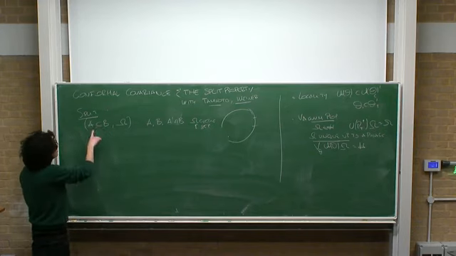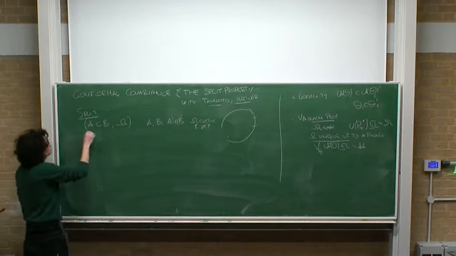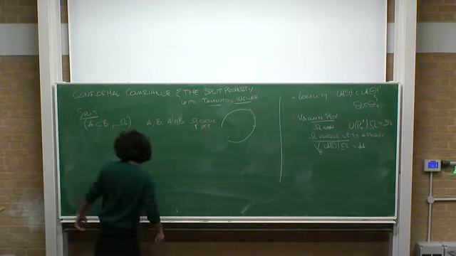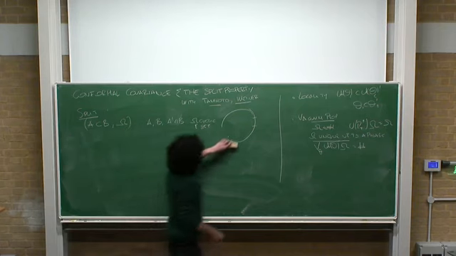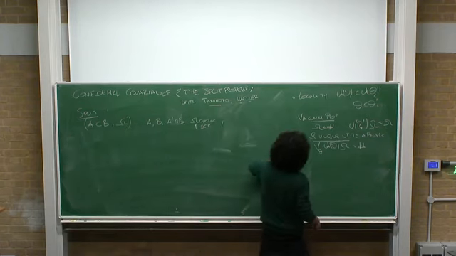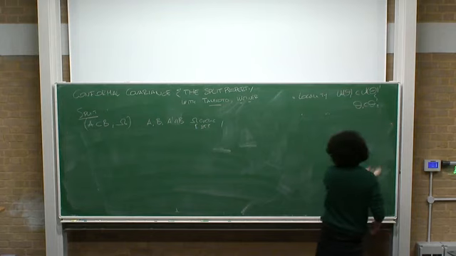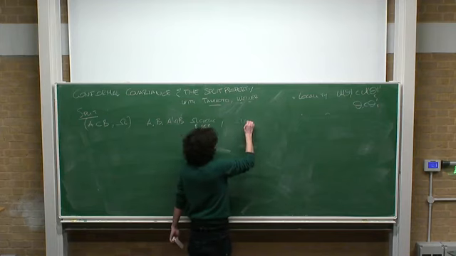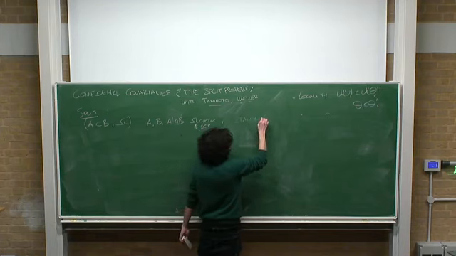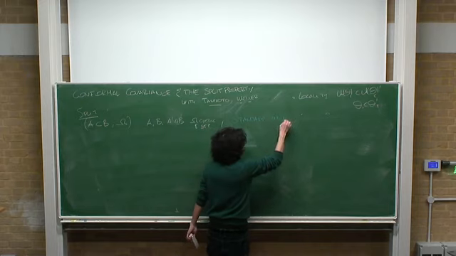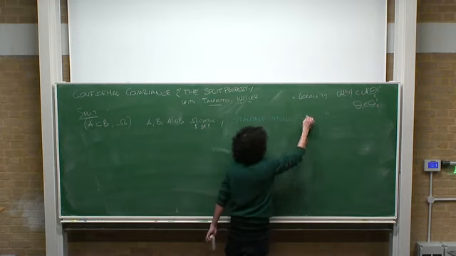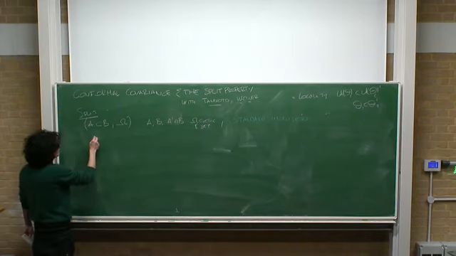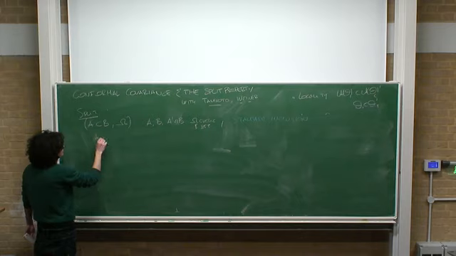And then this is called a standard inclusion. This one is called a standard inclusion, and split property.